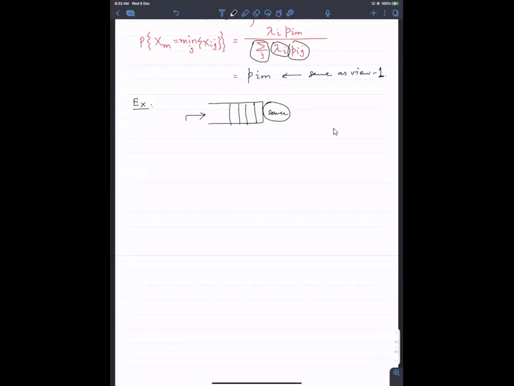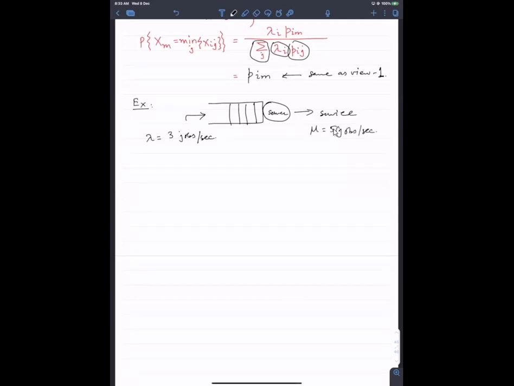There is some arrival rate and some service rate. Lambda, the arrival rate, is, let's say, 3 customers per second, and the service rate mu is 5 jobs a second.